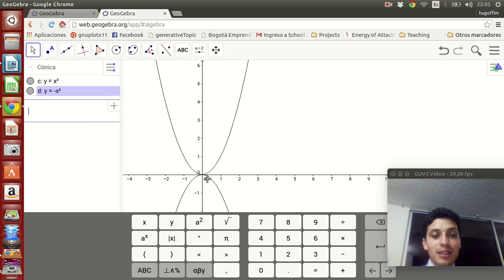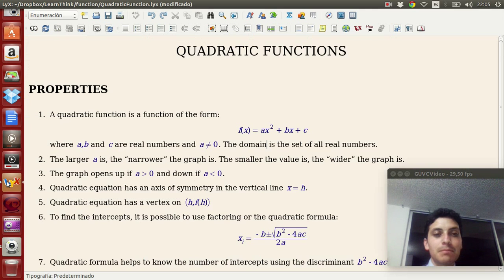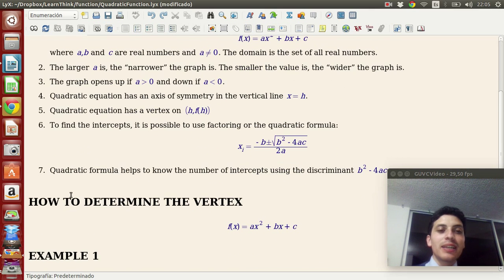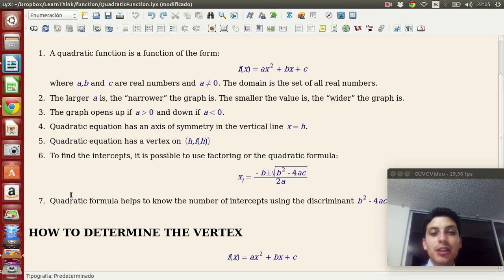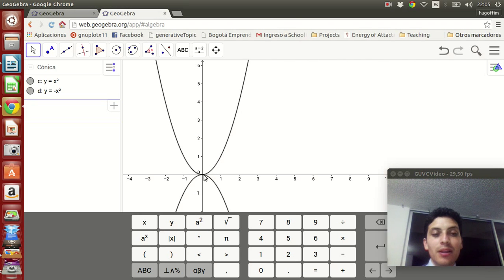So you can see that it opens up if a is positive and opens down if a is less than 0. Now, a quadratic function has an axis of symmetry, the vertical line x equals h. So in this example, the axis of symmetry is the line x equals 0.